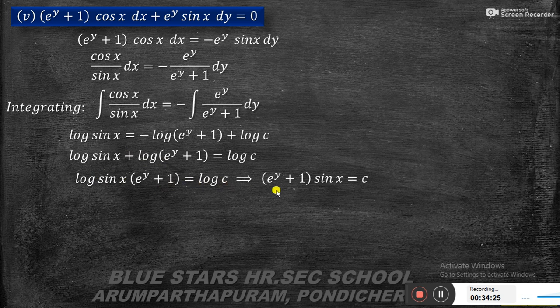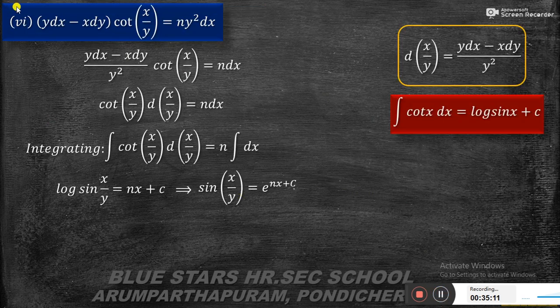The logs cancel on both sides, therefore (e^y + 1) into sin x equals c. So from this we get the equation (e^y + 1) sin x equals c. This is the solution for this given equation.